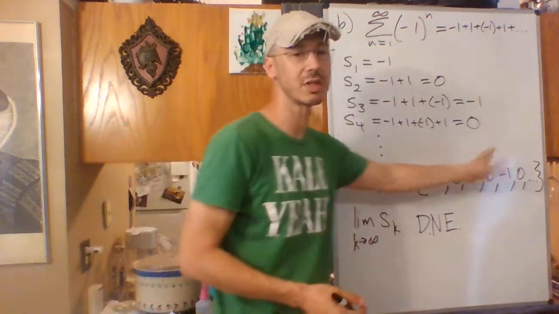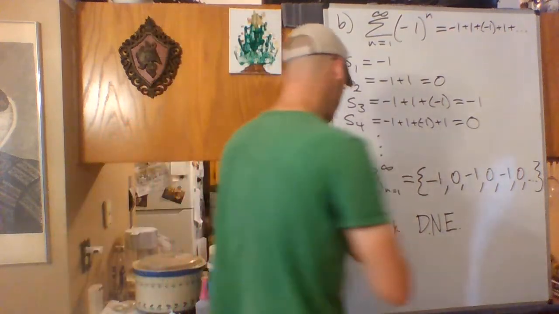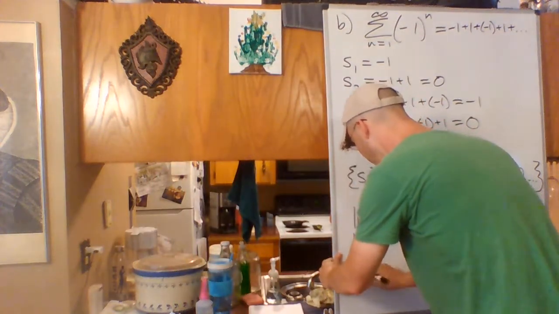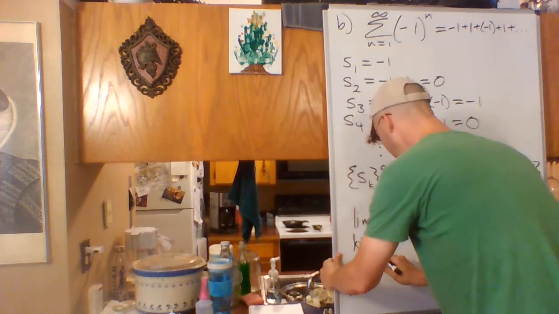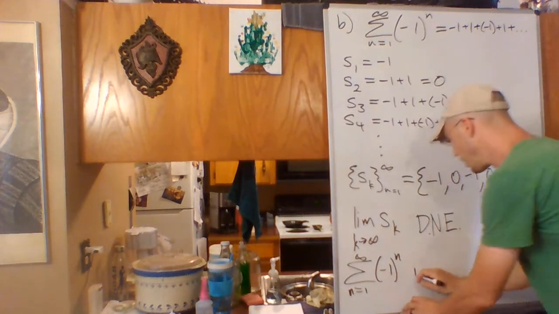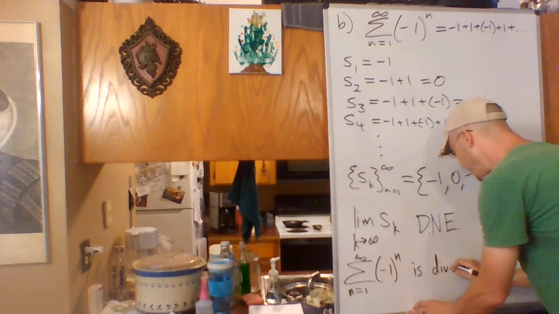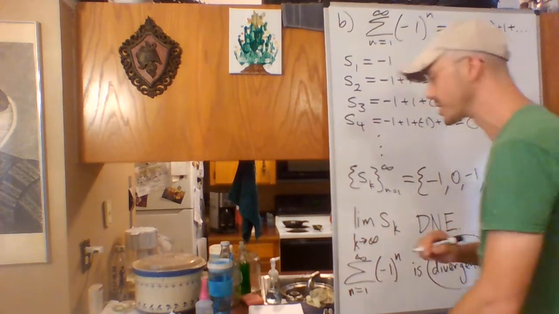So this sequence doesn't have a limit. The limit of the partial sums doesn't exist. So the sum from n equals 1 to infinity of negative 1 to the n, the original series up here, is divergent. We found another divergent series.